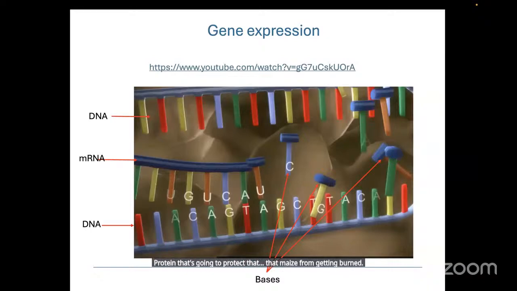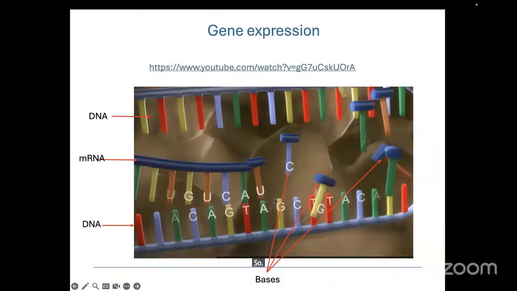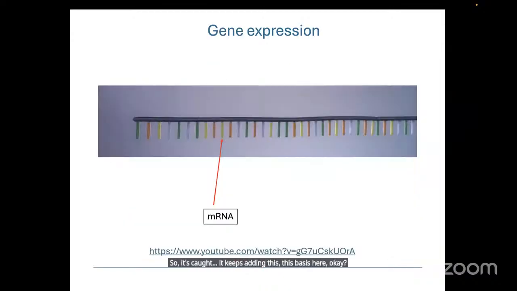To do that, a gene is going to be switched on in the nucleus, and that gene should be transferred out so that the protein can be made. But somebody has to do that, and that's messenger RNA. It keeps adding these bases here. When it's done, this messenger RNA is exported out of the cell.